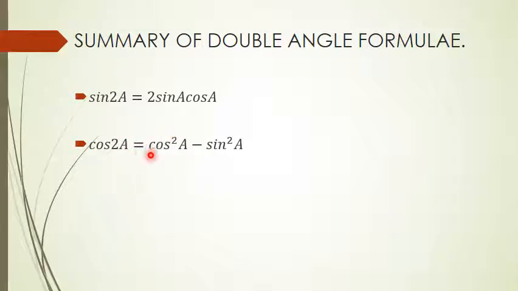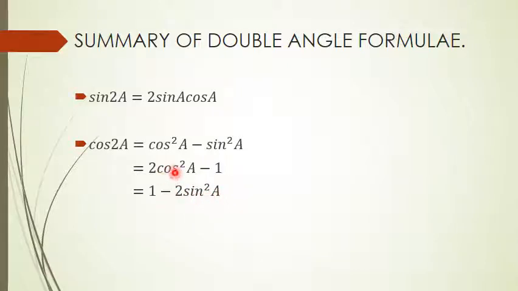Cos 2a equal to cos squared a minus sine squared a. Cos 2a equal to 2 cos squared a minus 1. Cos 2a equal to 1 minus 2 sine squared a.